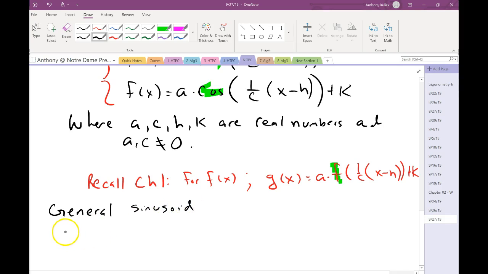So if we're talking about a general sinusoid, let's go through that list that we did earlier for sine and cosine, and now describing any sine or cosine graph. So the parent function that we'd be talking about would be either y equals sine or y equals cosine.